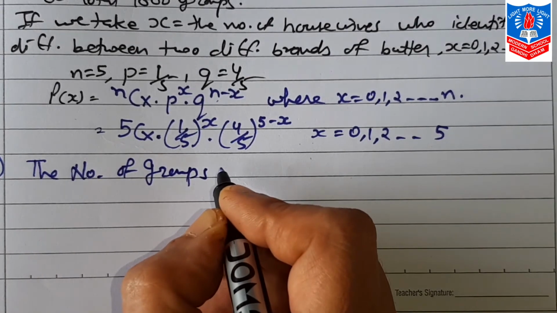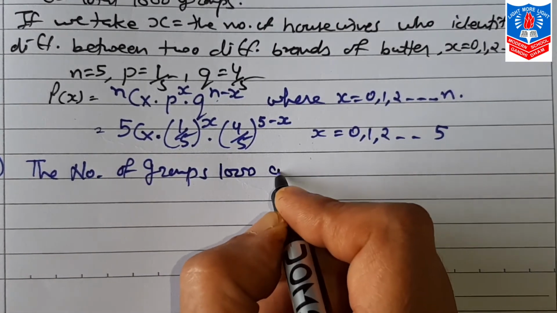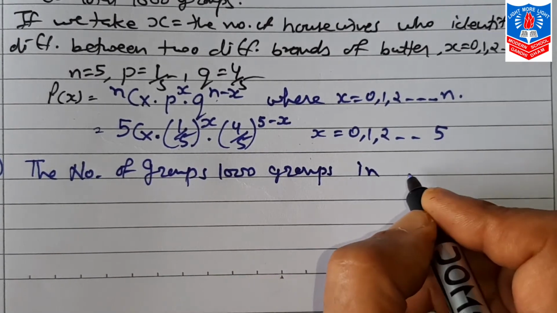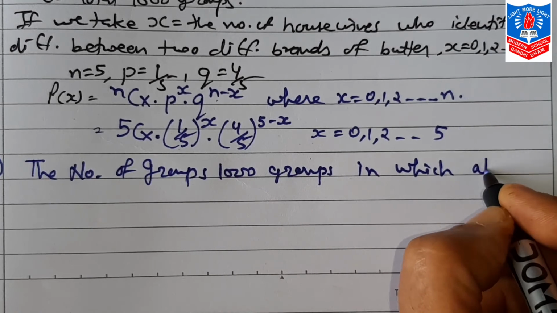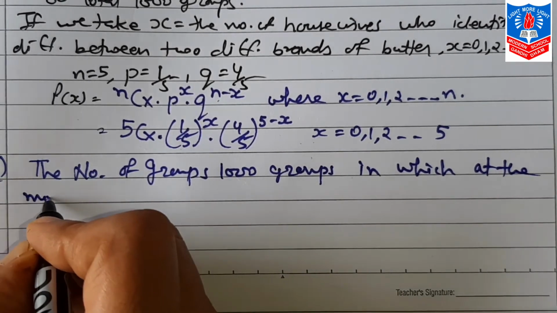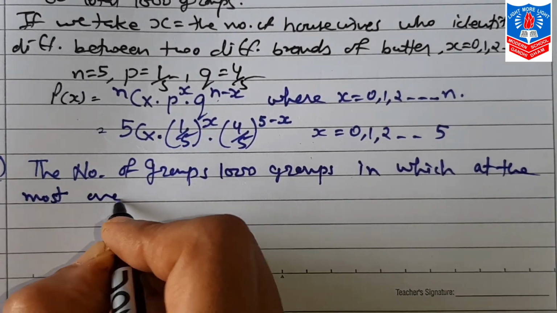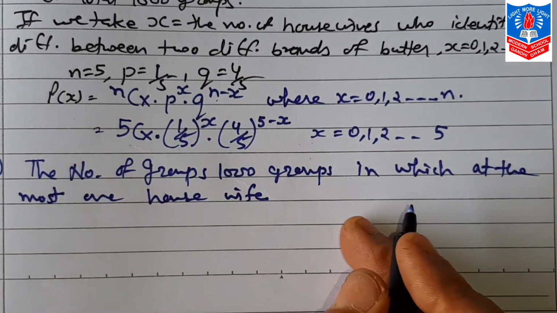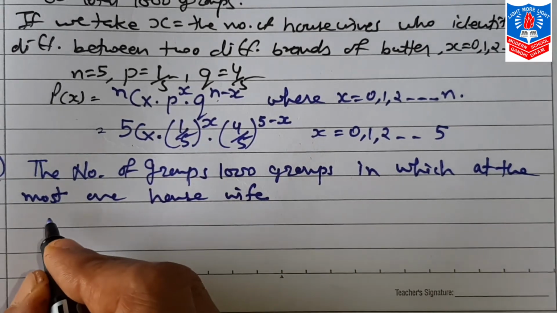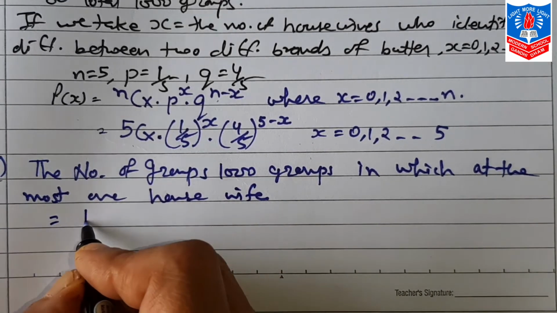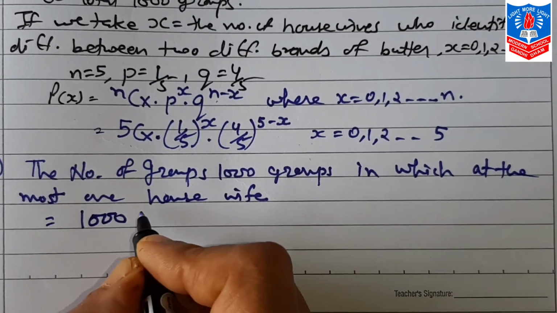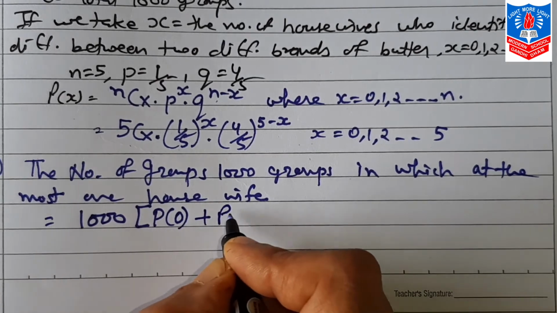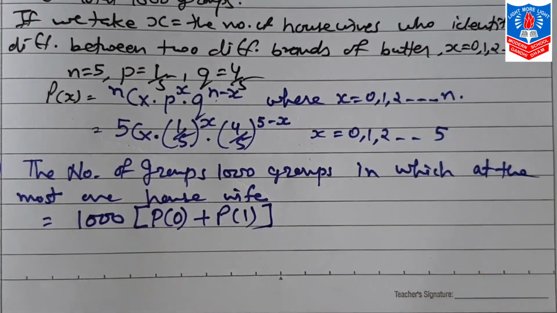Now for that, the number of groups is 1000. So in these 1000 groups, at the most one housewife can identify the difference between two different brands of butter. So this 1000 we will multiply, and this will be P0 plus P1.